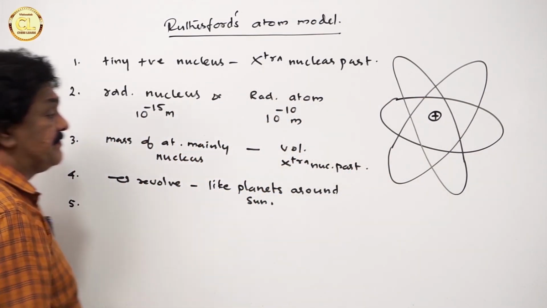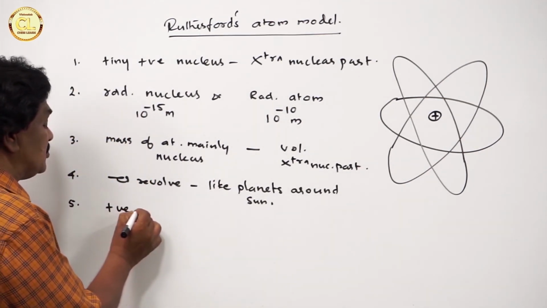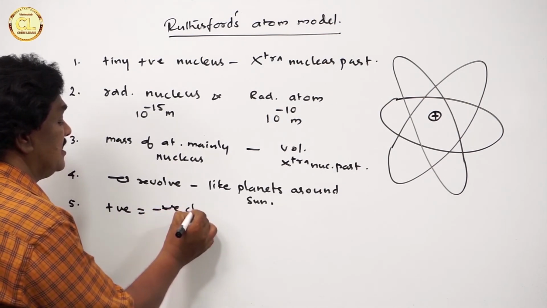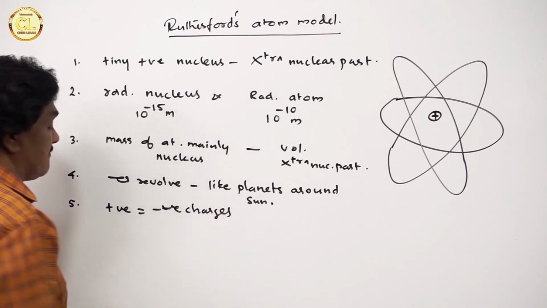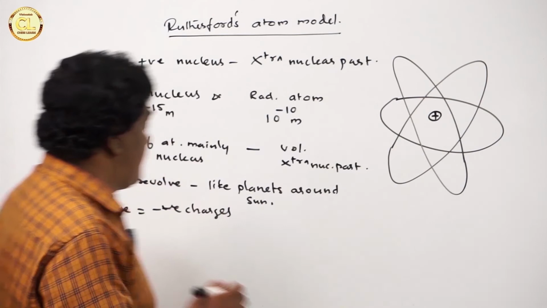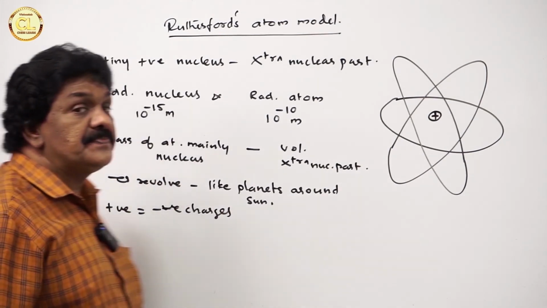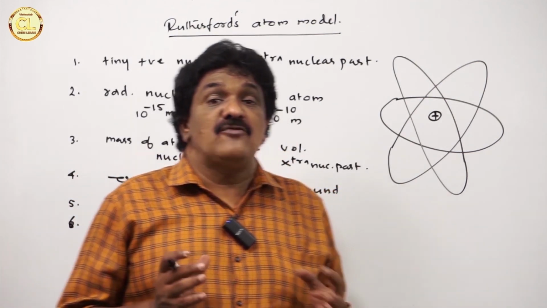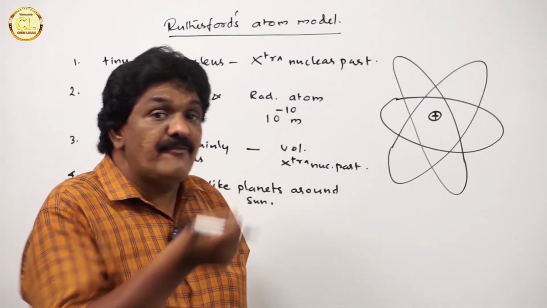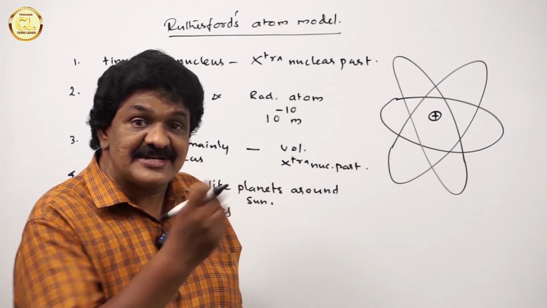Fifth point, the total number of positive charges in the nucleus is equal to the total number of negative charges in the extranuclear part. So, the atom is electrically neutral. Sixth point. The centrifugal force of the electron is exactly balanced by the Coulombic force of attraction of the nucleus, that is nuclear force of attraction.